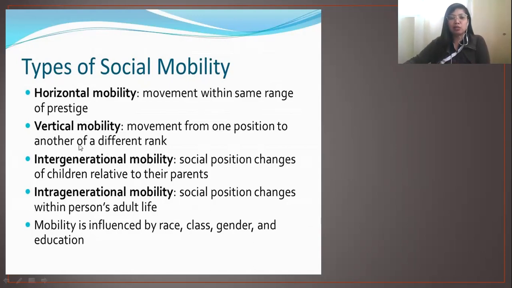Vertical mobility is movement from one position to another of a different rank. Intergenerational mobility is when children's social position changes relative to their parents. Intragenerational mobility is social position changes within adult life.